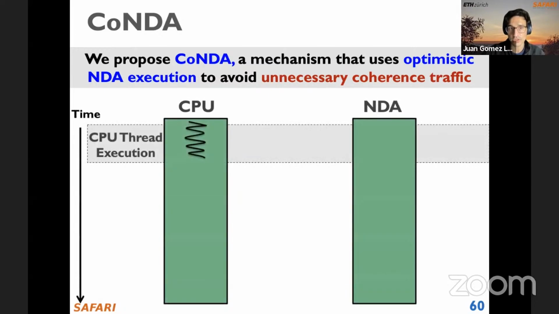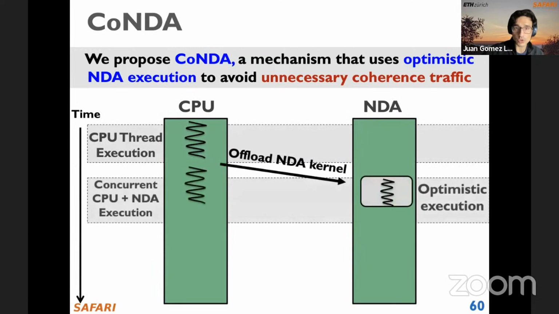unnecessary coherence traffic. The key idea in CoNDA is to offload the PIM kernel to the PIM side and perform optimistic execution on the PIM side, which means that there is no coherence request. We simply assume that things are going to go well.